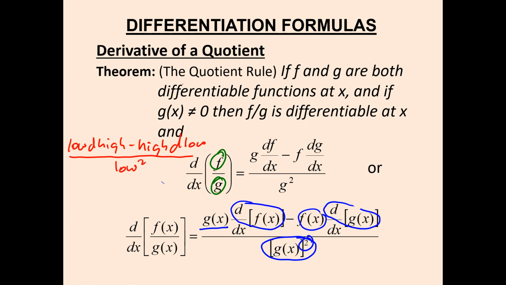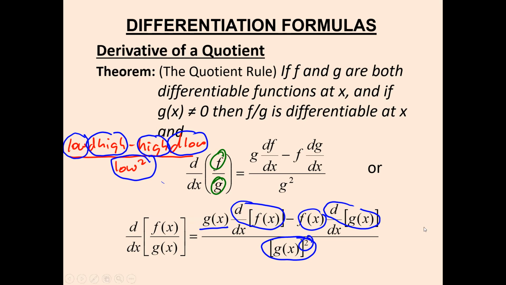Ulitin ko, pwede nyo gamitin ang quotient rule na low d high minus high d low over low low. Of course, pag sinabi kong low, the denominator. Pag sinabi kong d high, derivative of numerator. Pag sinabi kong high, numerator. Pag sinabi kong d-low, derivative of denominator. And of course, pag low-low, multiplied nyo lang yung denominator by itself.